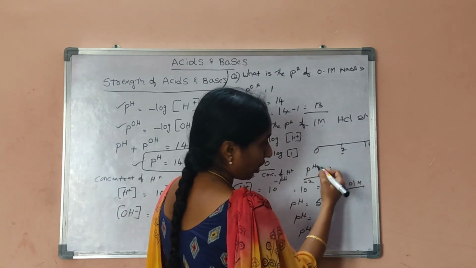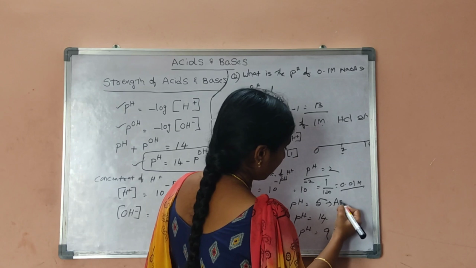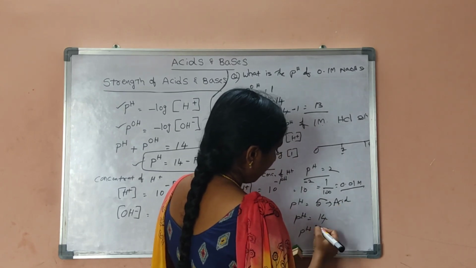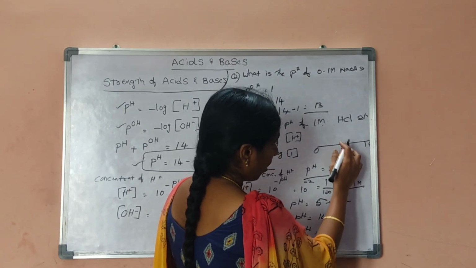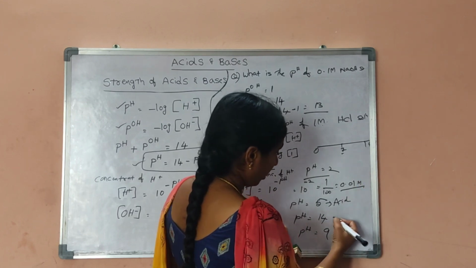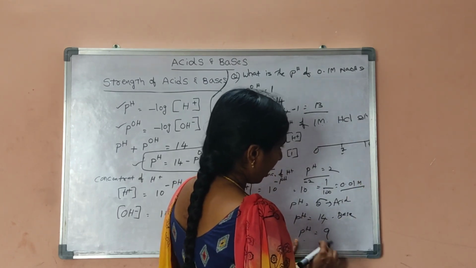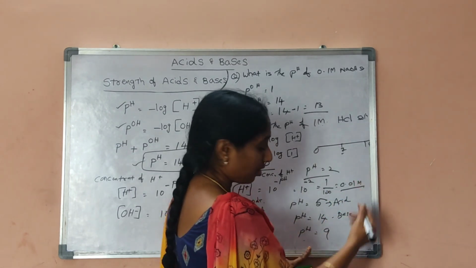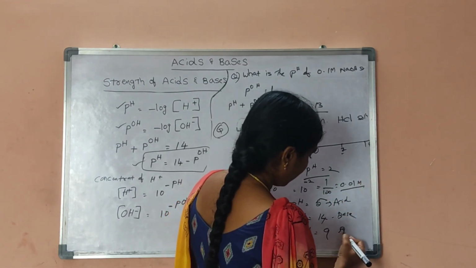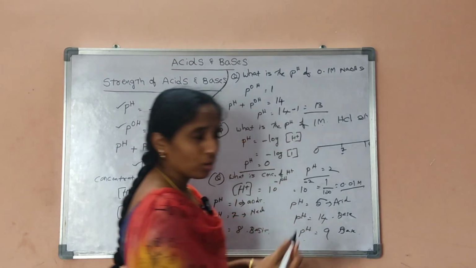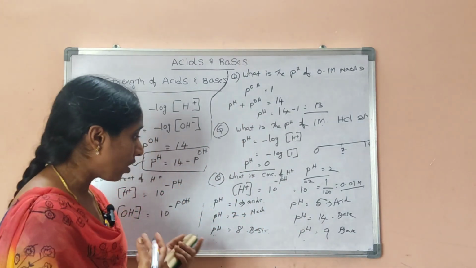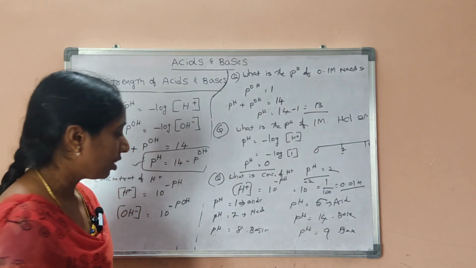Before 7, 5 is there. So it is acidic. pH equals 14. After 7, 14 is there. So it is base. pH equals 9. After 7, 9 is there. So it is base.